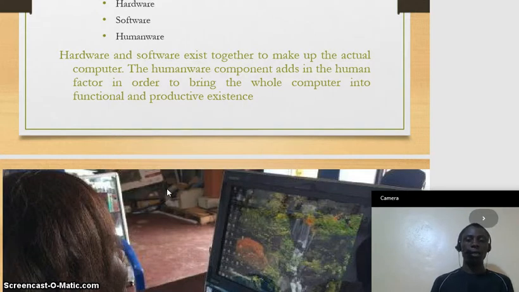So for the computer system to work, it needs those 3 components, but the hardware and the software are brought together so that the humanware can perform given tasks.